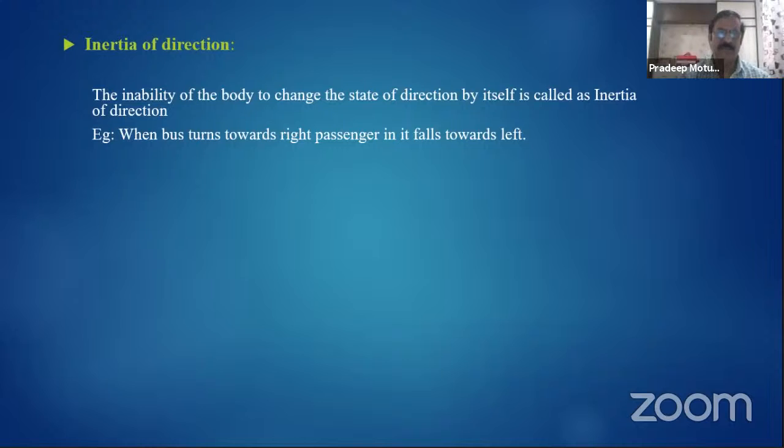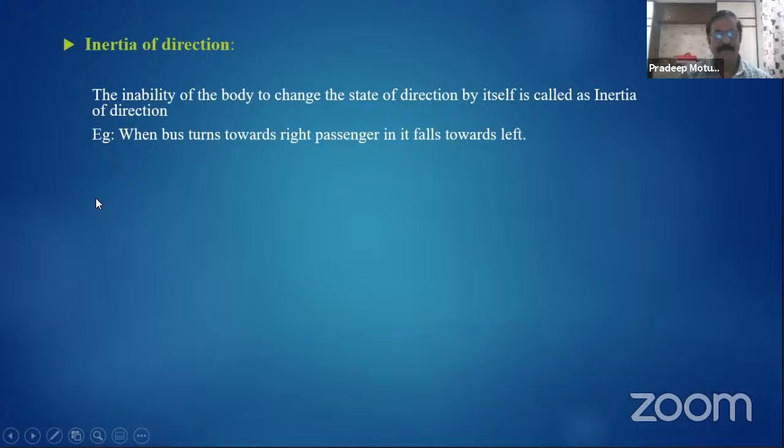So depending on the property, we mention inertia of rest, motion, and direction. Okay. Hope you got this analysis about inertia.